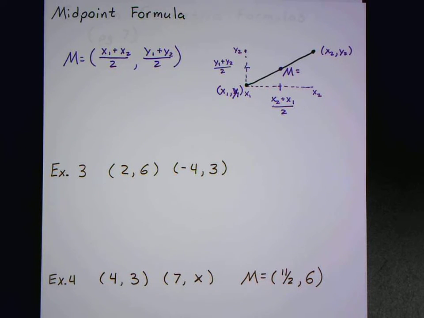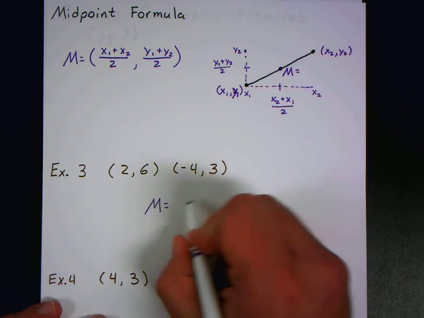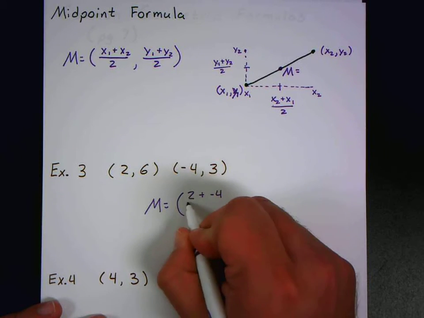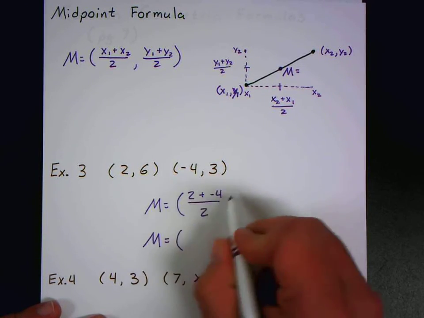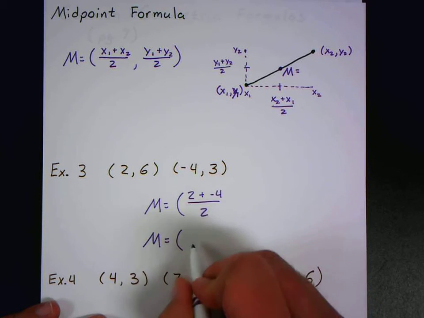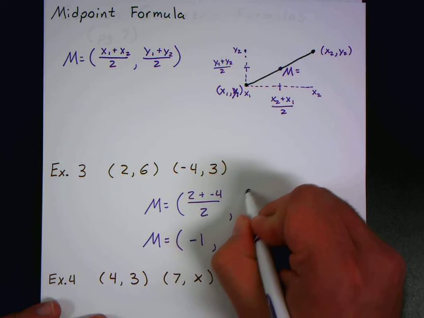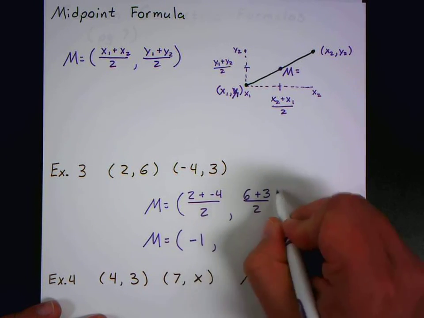So if I do example 3 real quick, midpoint of example 3, 2 plus negative 4 divided by 2. So the x value is going to be, that's negative 2 divided by 2, so negative 1. And then my y values, 6 plus 3 divided by 2.